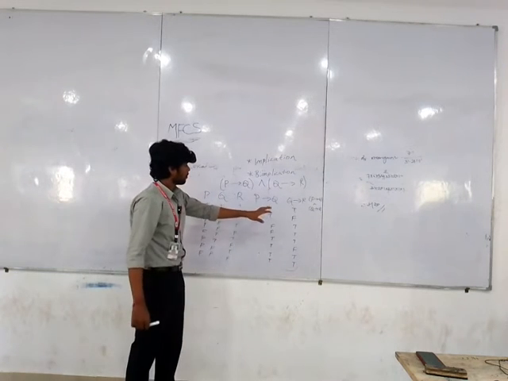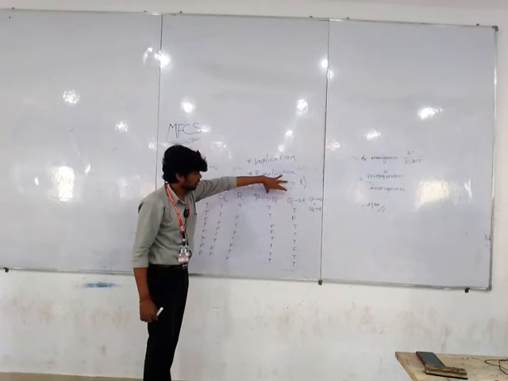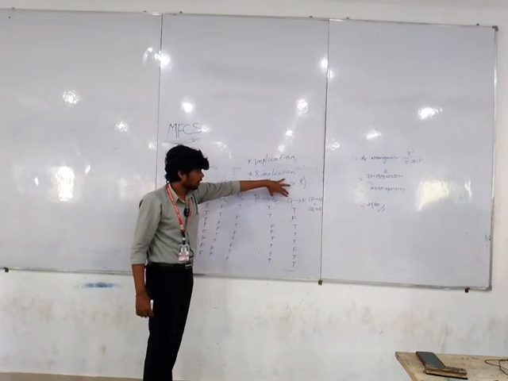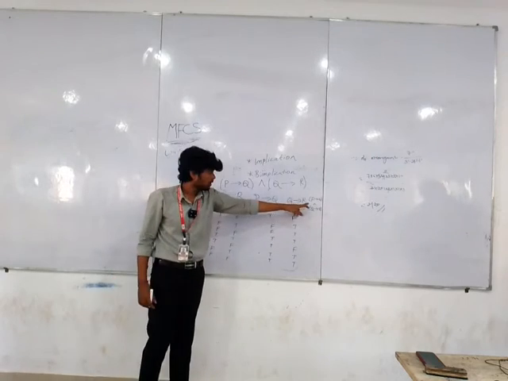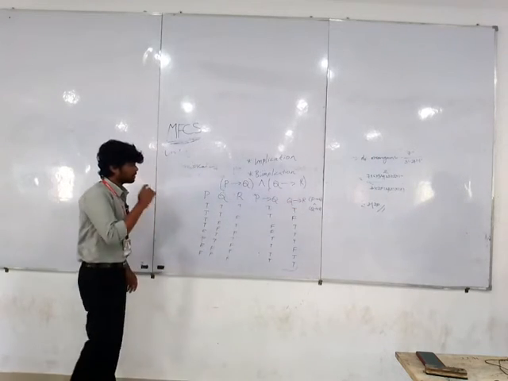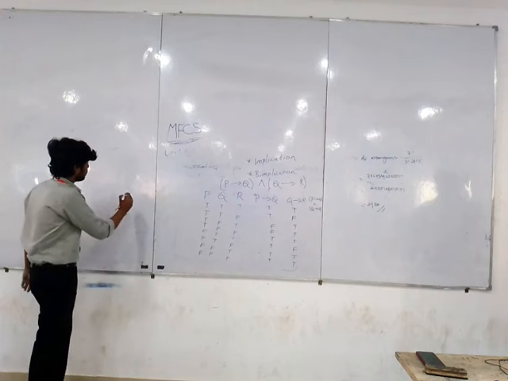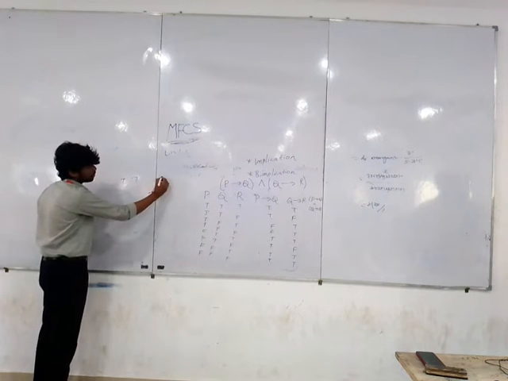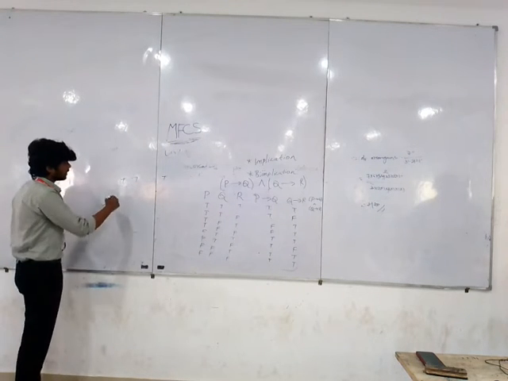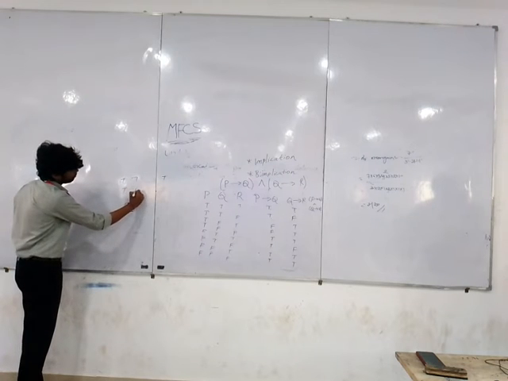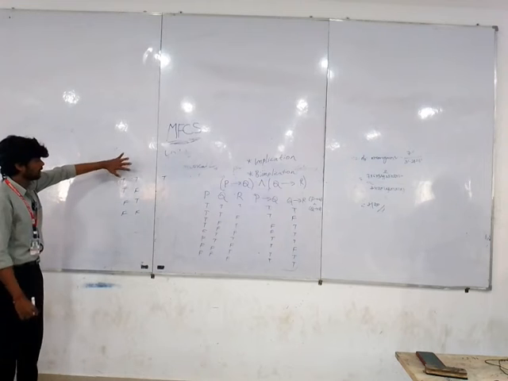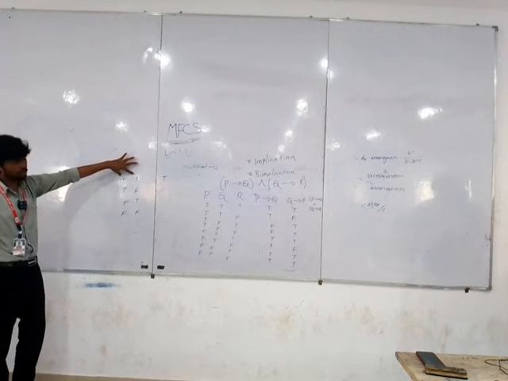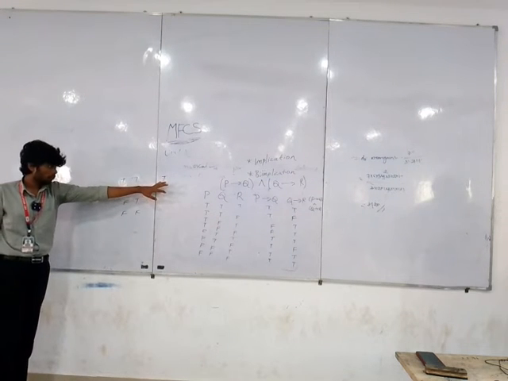And now we have to observe these two columns. Here we get AND logic. As I said, if the two conditions are true, the output will come true. In the remaining cases, like true, false, true, false, only if the two conditions are true, the output will come true.